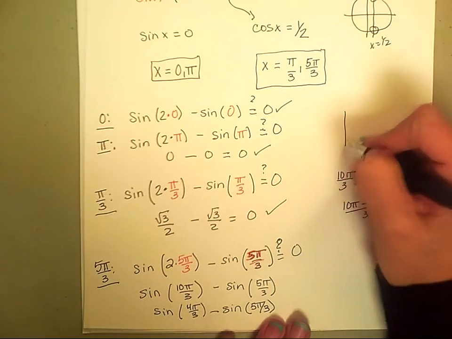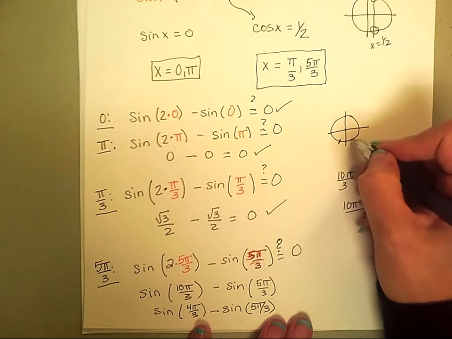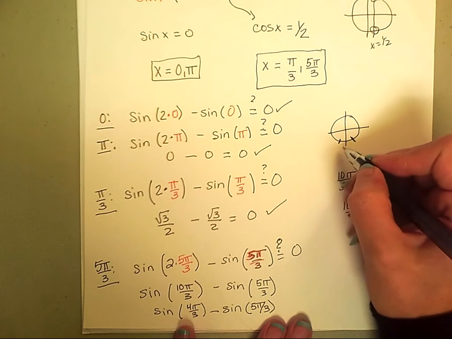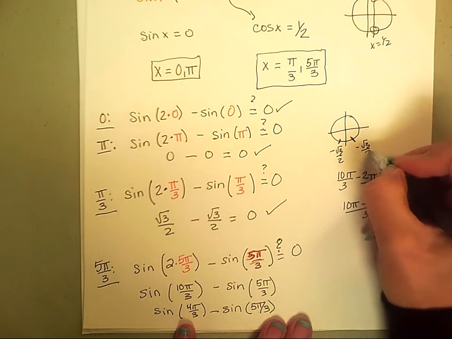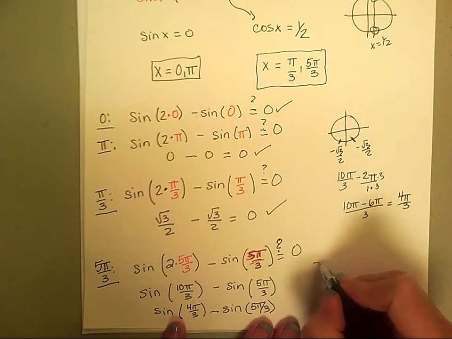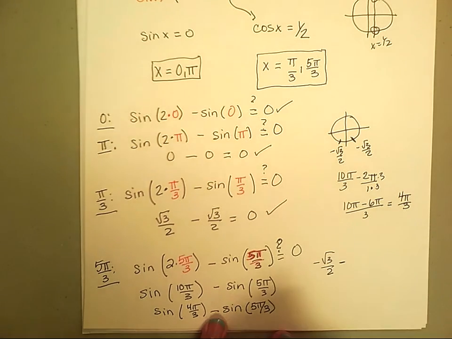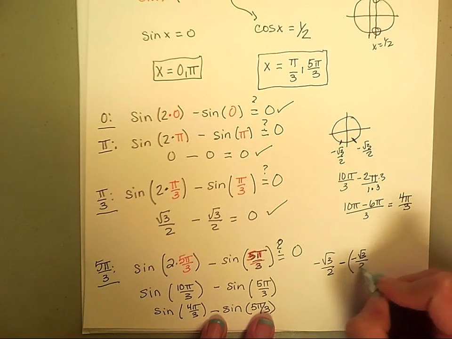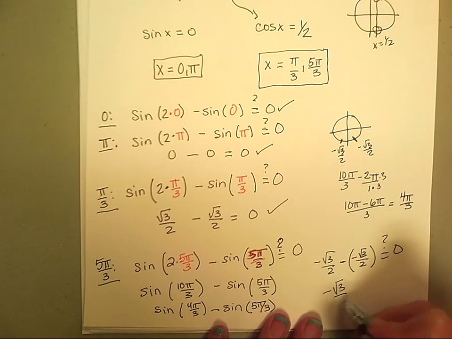Okay. So now we need to look. Okay, the sine, let's see, 4 pi over 3 is here, and 5 pi over 3 is here, and the sine of this is negative square root of 3 over 2. Negative square root of 3 over 2. So is negative square root of 3 over 2 minus, from the equation, minus square root of 3 over 2, does that equal 0?